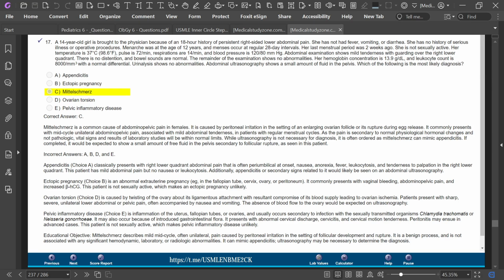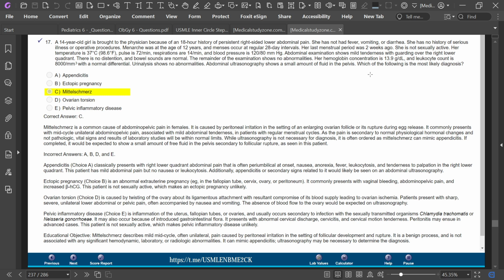It commonly presents with mid-cycle unilateral abdominal pain and mid-abdominal tenderness in patients with regular menstrual cycles, as the pain is secondary to normal physiological hormonal changes and is not pathologic. Vital signs and lab results are within normal limits. While ultrasonography is not necessary, it is often ordered as Mittelschmerz can mimic appendicitis.